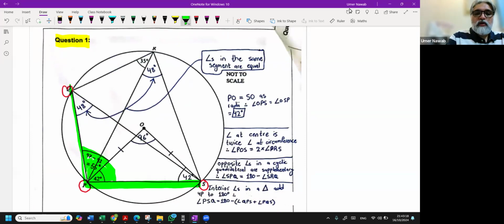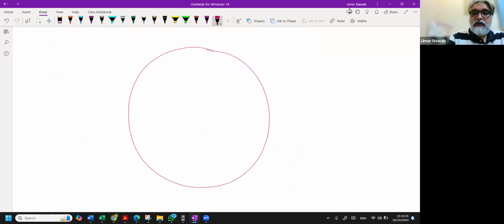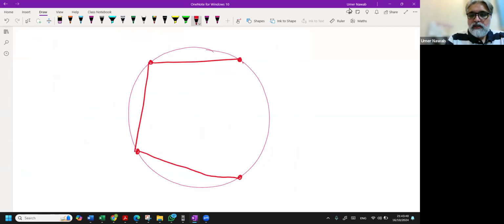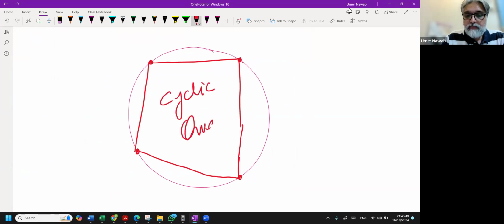I can use the concept of cyclic quadrilateral. Can you check? This is a cyclic quadrilateral. How did I teach you cyclic quadrilateral concepts? If I have a circle, and four corners of the quadrilateral are on the circumference, then this quadrilateral is called a cyclic quadrilateral.